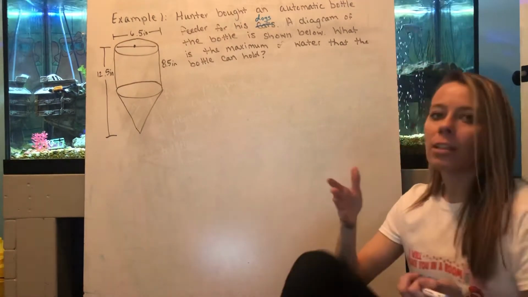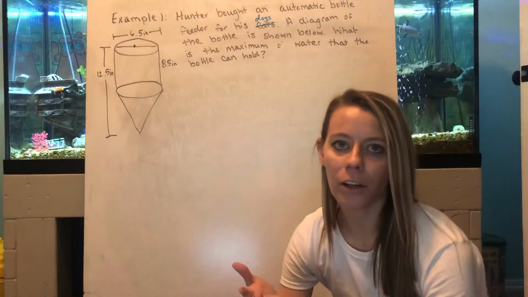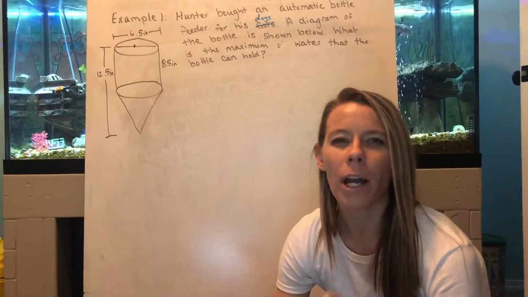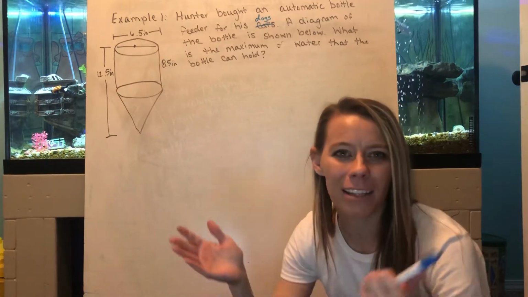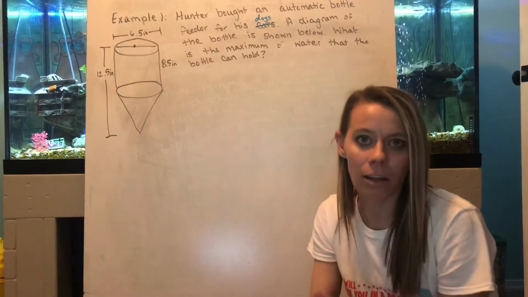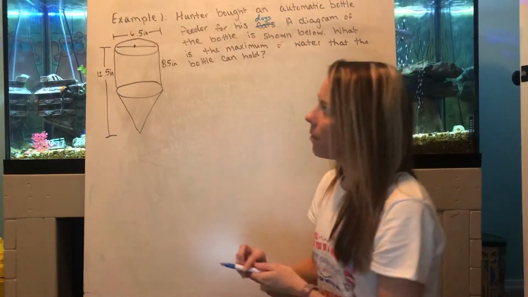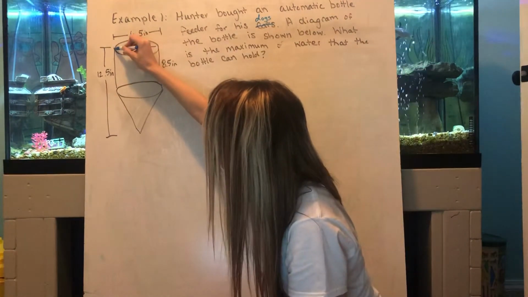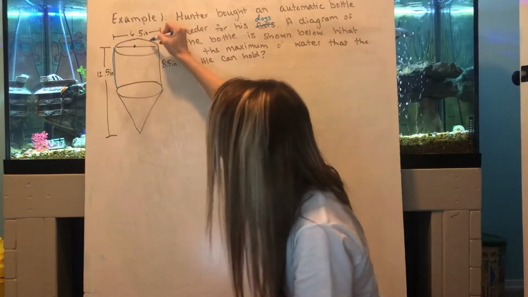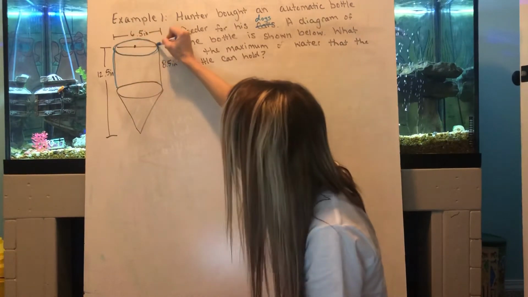So the first thing you want to do whenever you're working with composite volume is figure out what shapes to put together to make that shape or solid. So if we break it apart, this blue piece I'm going to do right here is a cylinder.